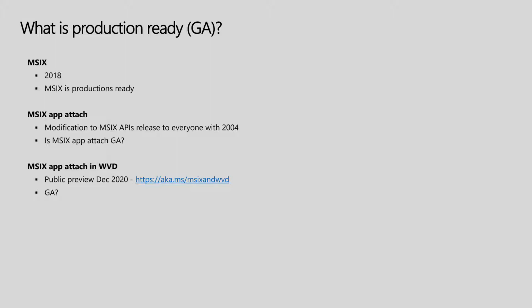So MSIX was shipped officially sometime November 2018. Now it's going to be close to 2.5 years since we have MSIX. When it shipped in 2018, it was GA, meaning you could go that day and use it in production, or whatever you consider production.